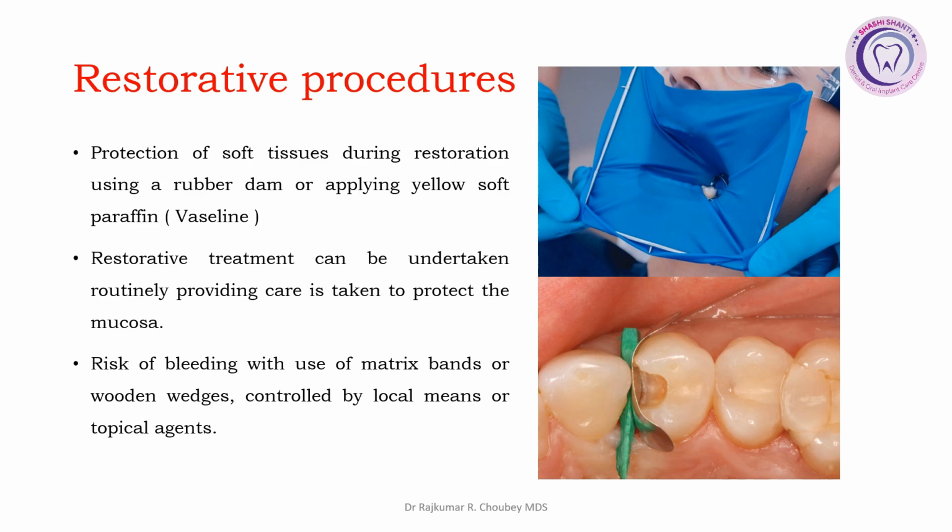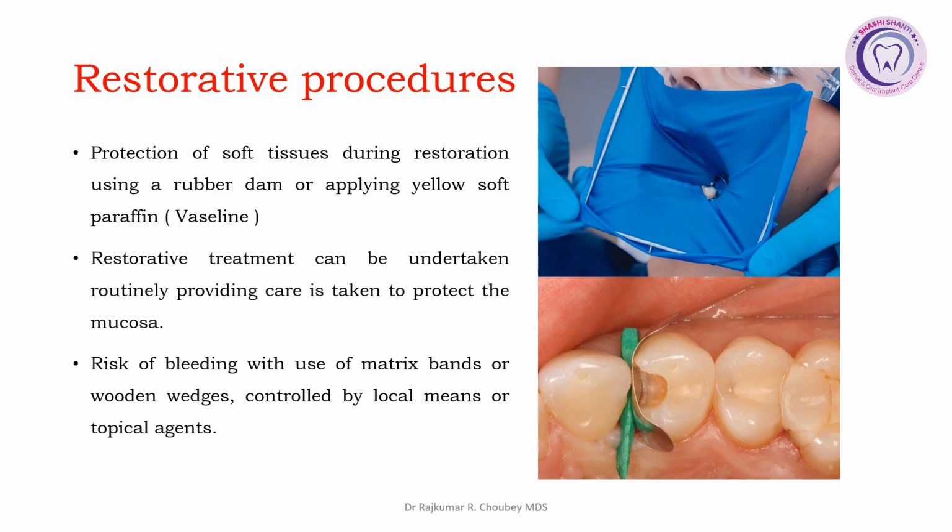Because when we fill this affected tooth, the filling material should not touch the neighboring tooth, because both teeth should be separate during the filling. So if we place this band or wedges, there is a possibility of bleeding. So we can use the hemostatic agent, we can use the rubber dam, and you will do your treatment.